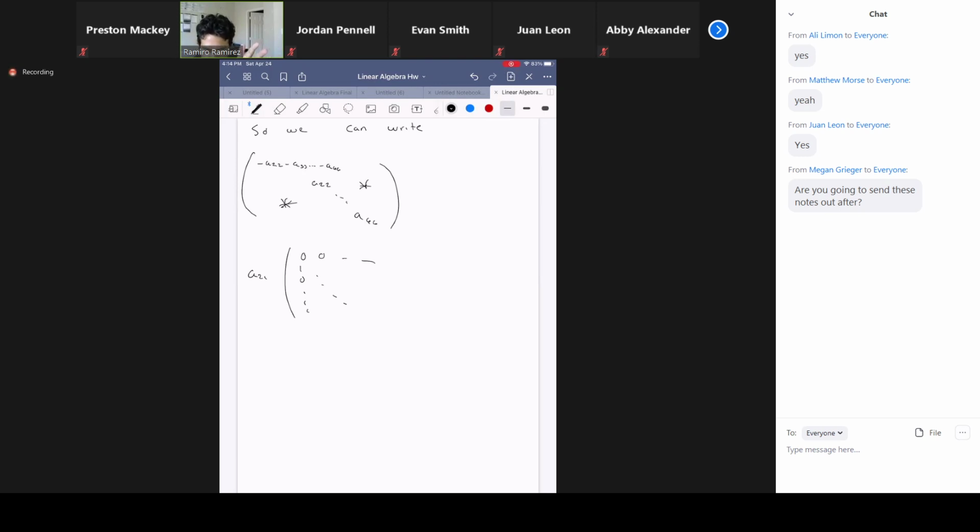Okay. So once you do that, you can write everything else in terms of those, so all of those will be fine. What about the diagonal? The diagonal is the one that troubles me. There you can just write it as 1 times this.